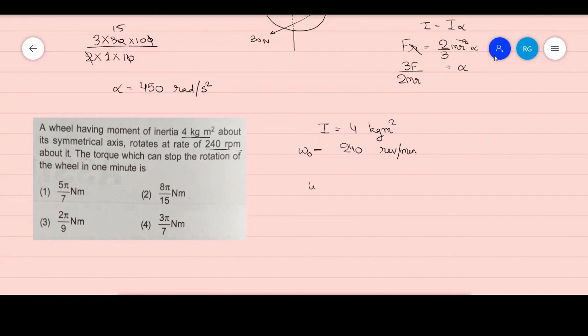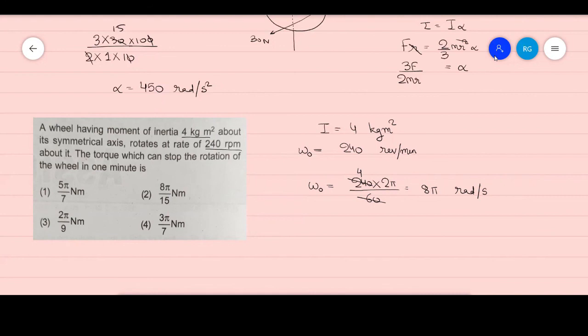So we can convert this into the SI unit. For converting revolution to radian, I have to multiply with 2 pi. And for converting minute to second, I have to divide by 60. So this will give us 8 pi radian per second.